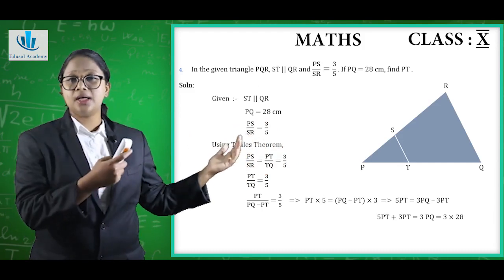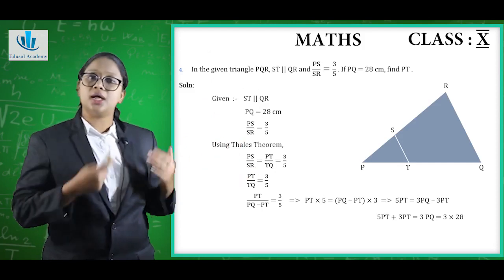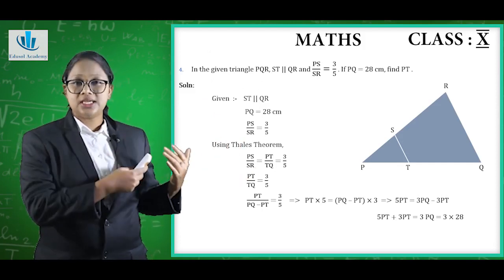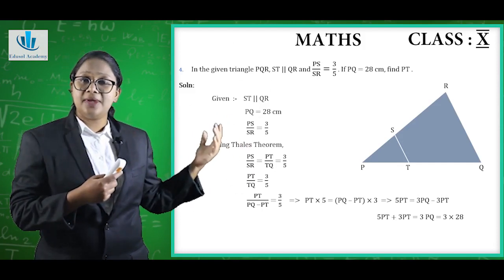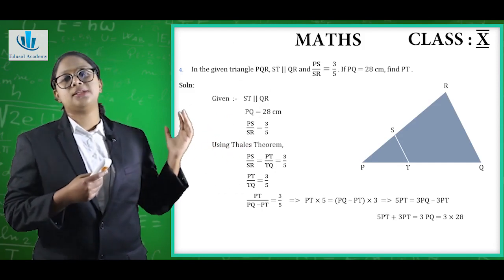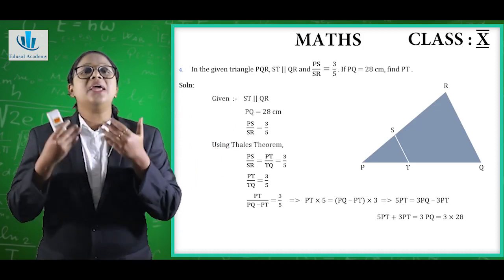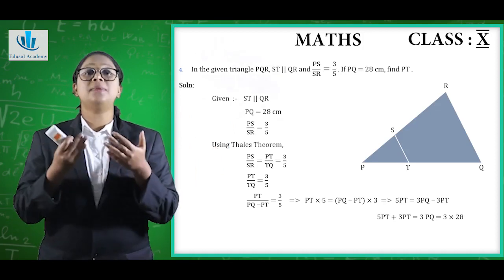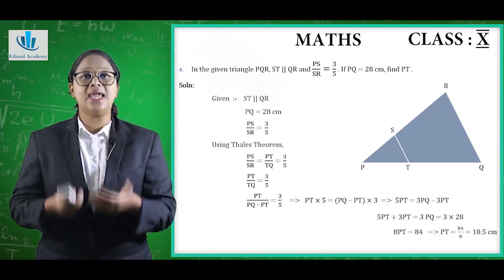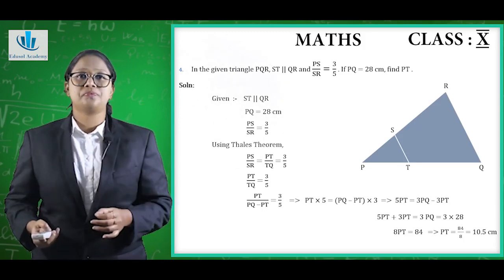We have to bring PT terms to one side and isolate PQ terms on the other. So when we bring the negative 3 PT, it becomes plus 3 PT. 5 PT plus 3 PT gives 8 PT, which is equal to 3 PQ.